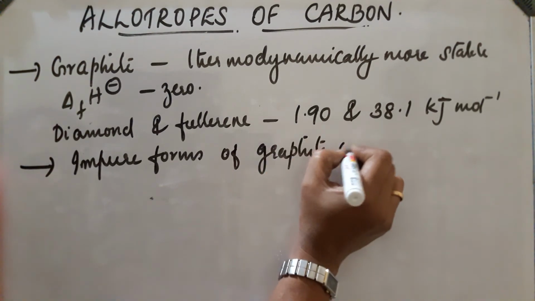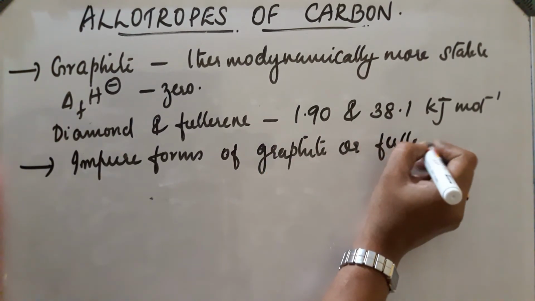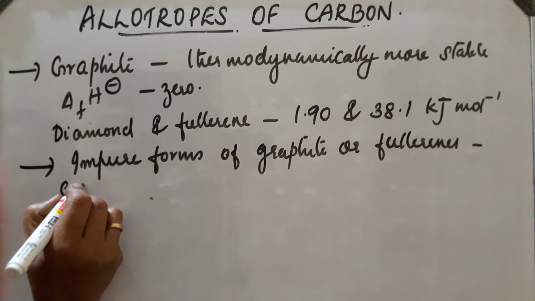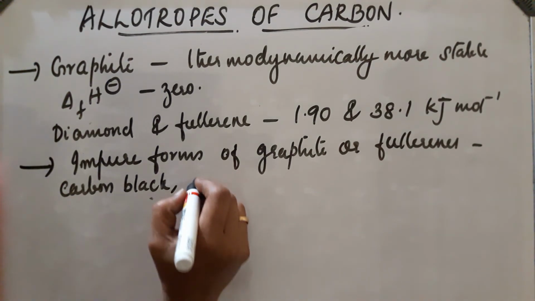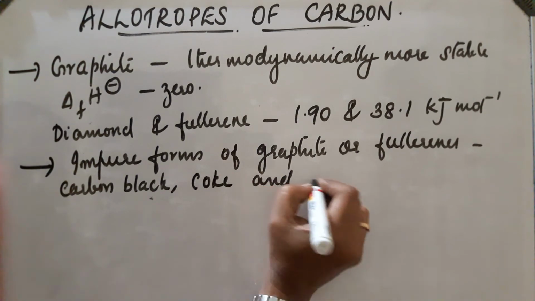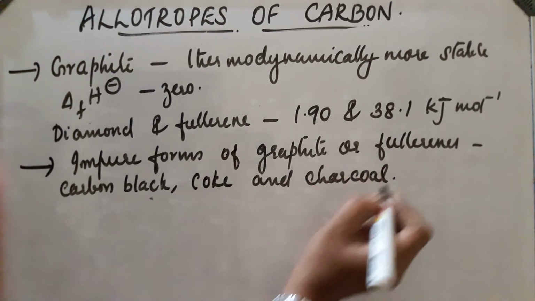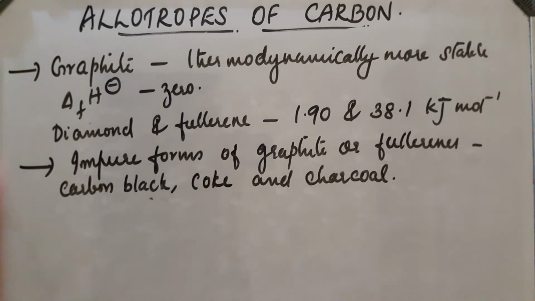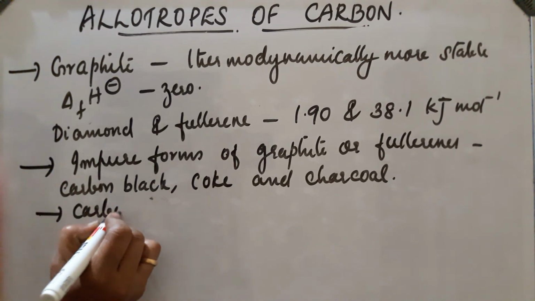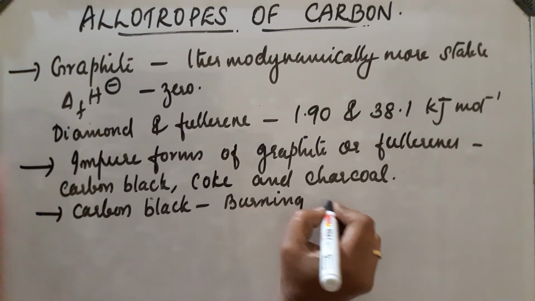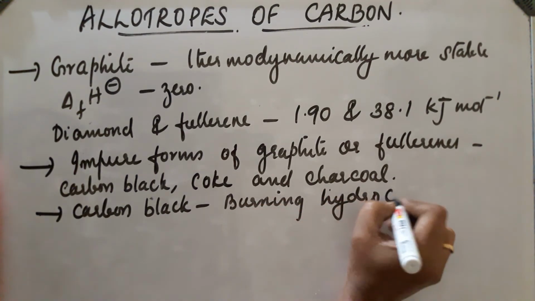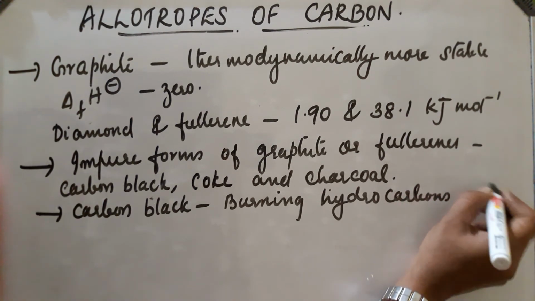Carbon black can be obtained by burning hydrocarbons in a limited supply of air.